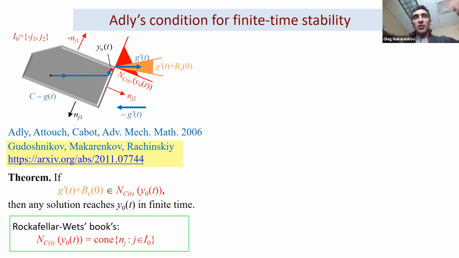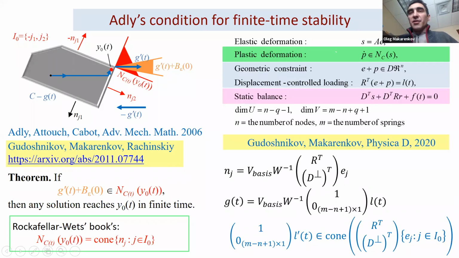We need a computational algorithm to compute these normal vectors. This is done. Then we need to find this function g. You remember I mentioned earlier that we have a formula for this little g. After all ingredients, n, g and g prime, are known, then we can plug them into this Adly condition and get the condition for finite time stability. And that's what took us lots of time to come up with.